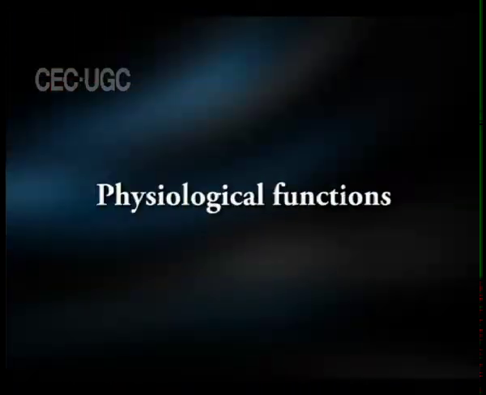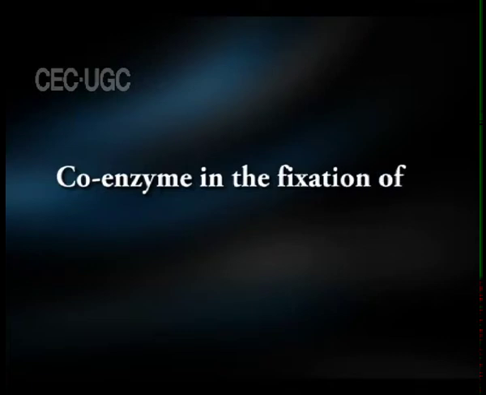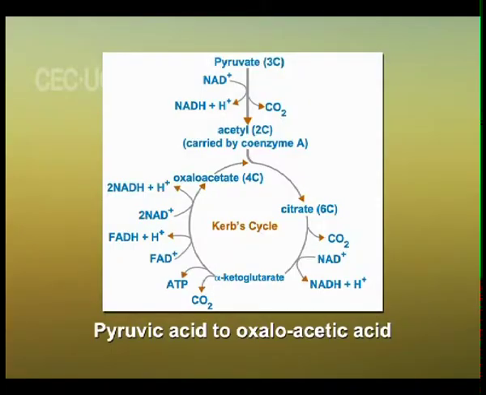Physiological functions. It plays an important role in a variety of carboxylation and decarboxylation reactions. It acts as a coenzyme in the fixation of carbon dioxide in carboxylation reactions, such as the conversion of pyruvic acid to oxaloacetic acid, or the carboxylation of acetyl coenzyme A to form malonyl coenzyme A in fatty acid biosynthesis.